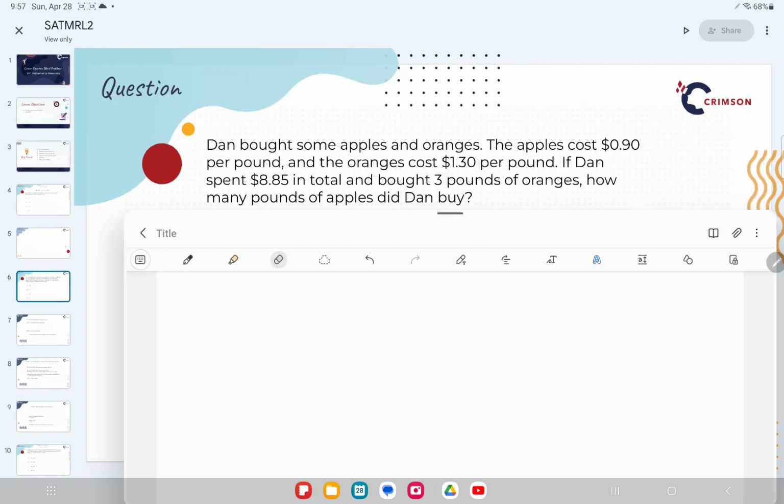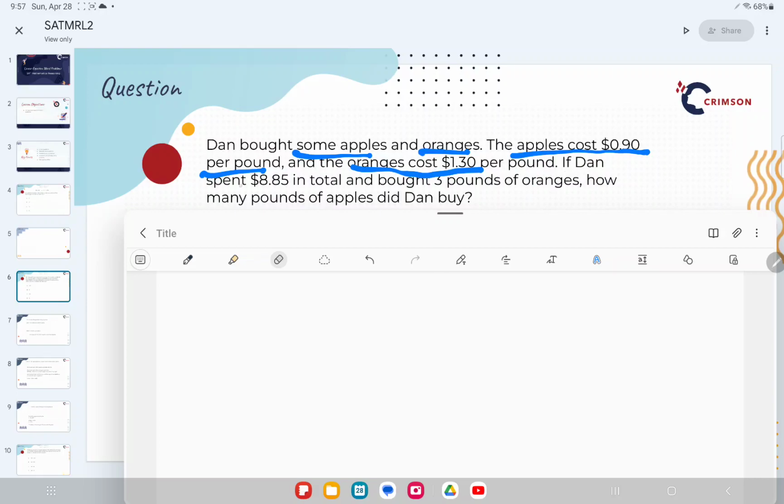Dan bought some apples and oranges. The apples cost $0.9 per pound, and the oranges cost $1.3 per pound.